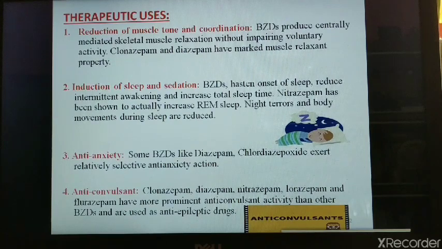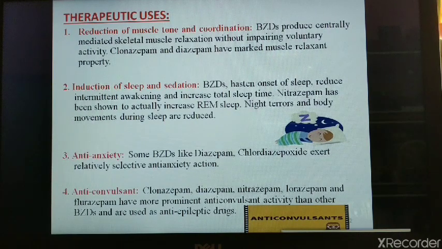The therapeutic uses of benzodiazepines include the reduction of muscle tone and coordination. Now, benzodiazepines reduce the muscle tone by a central action that is independent of their sedative effect. Increased muscle tone is a common feature of anxiety states in humans and may contribute to the aches and pains, including headache, which often trouble anxious patients.